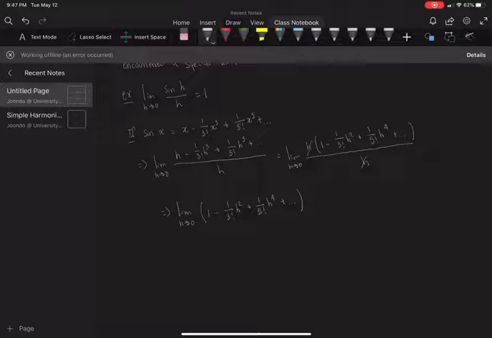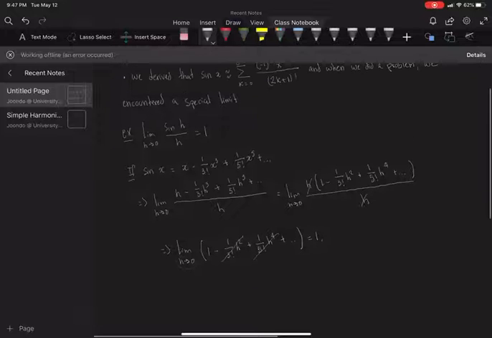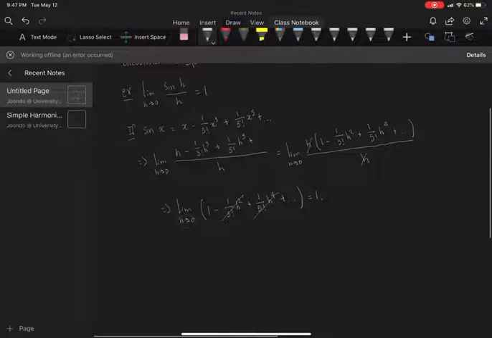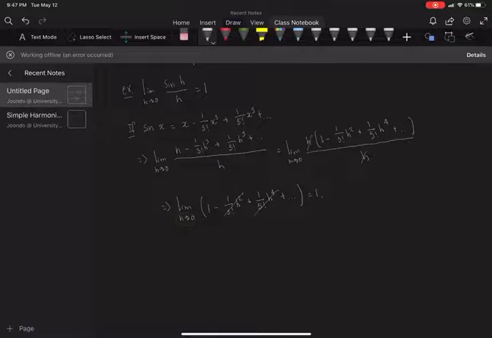But realize that if you plug in h is 0, look what happens. Everything disappears, and so every higher order term is just going to be equal to 0. So ultimately, the limit is going to be equal to 1. Right? This is a beautiful proof that we can apply Taylor series to.